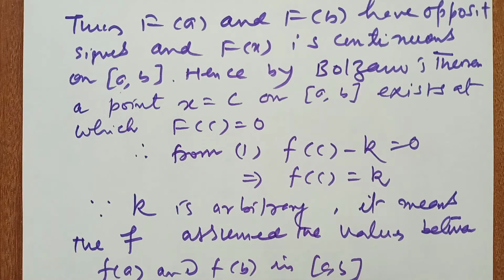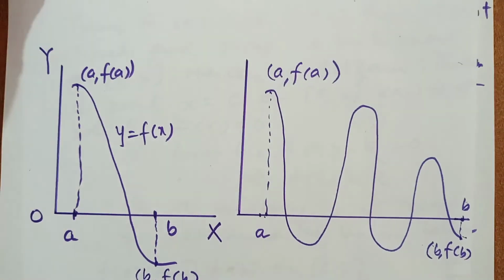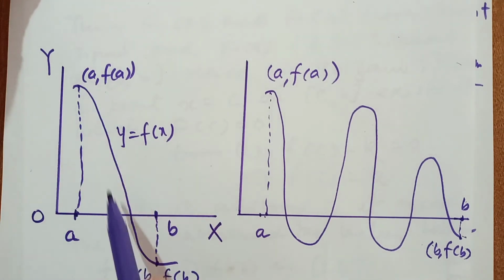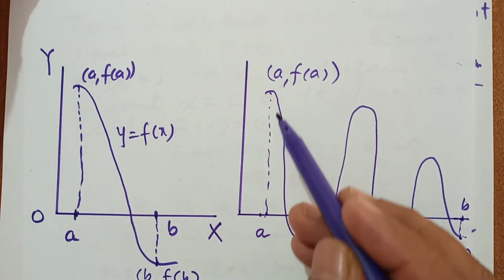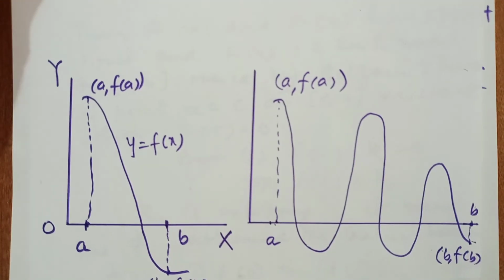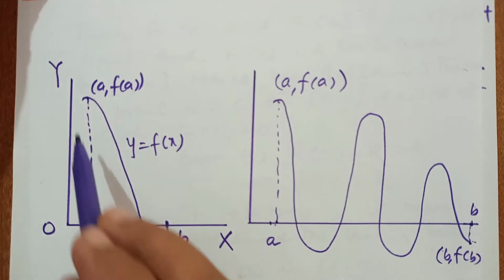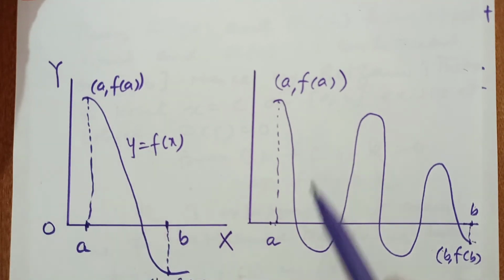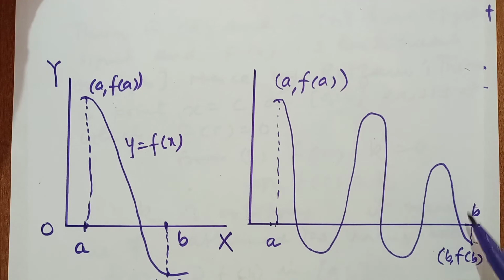Okay, it means there are two possibilities. So k is lying between these, either this. So there is at least one point. So in this function, at least here or here, so many values exist.